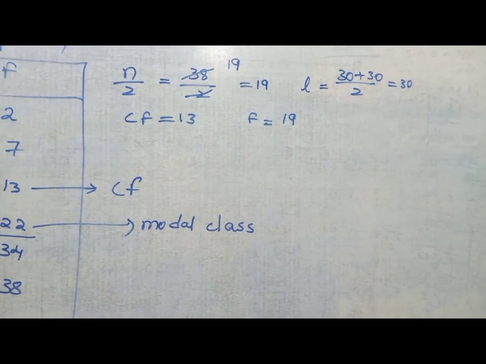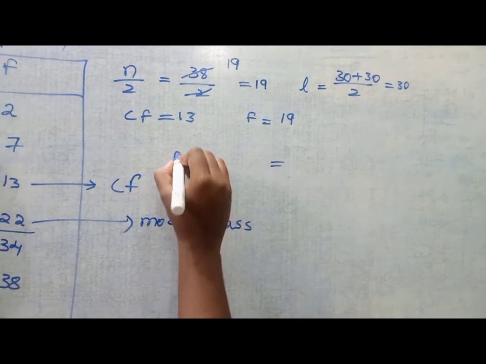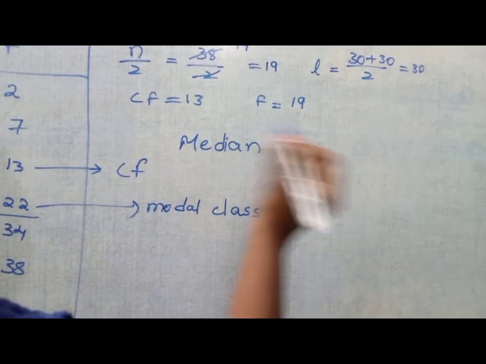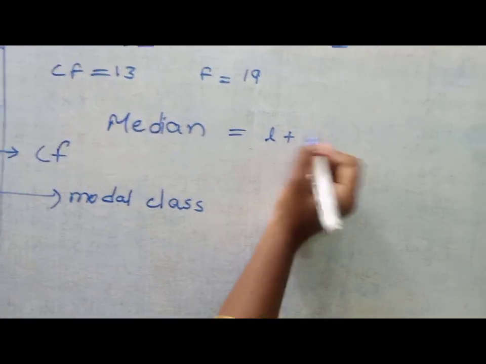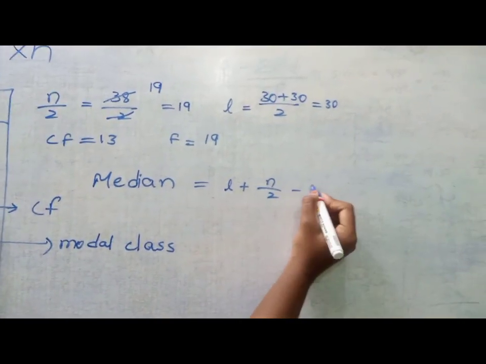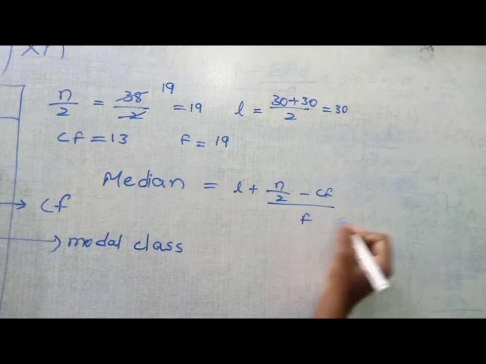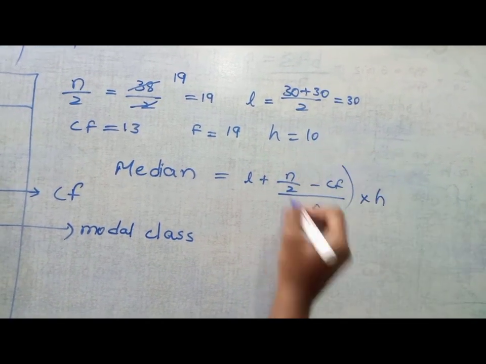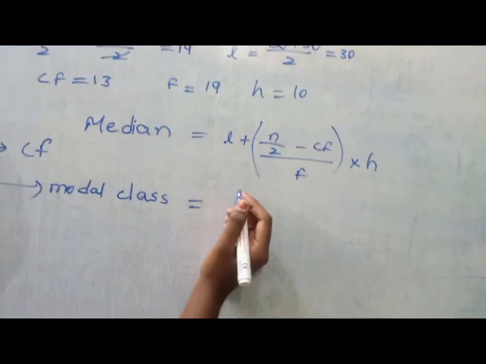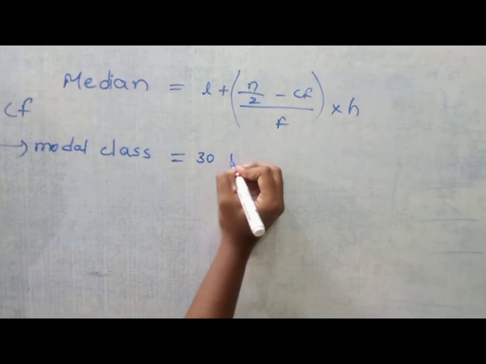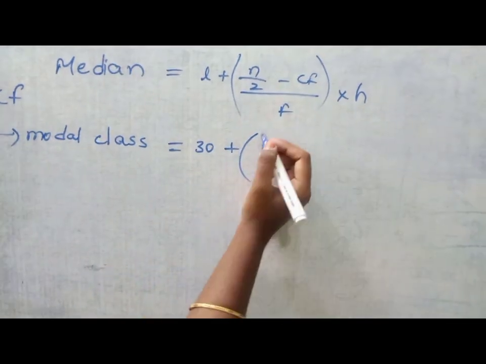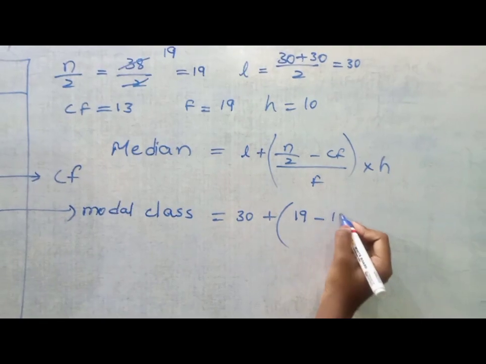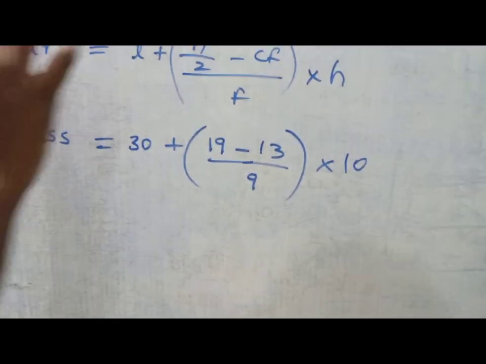So we will do the problem. Median is equal to L plus n by 2 minus CF by F into H. Here H is 10. L is 30. 30 plus n by 2 is 19, minus CF is 13. The frequency is 9.